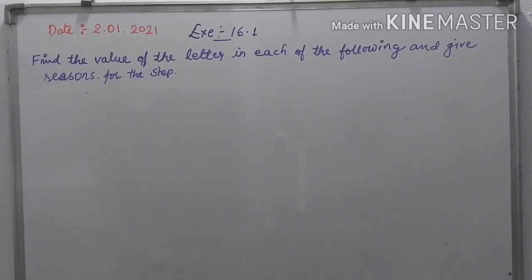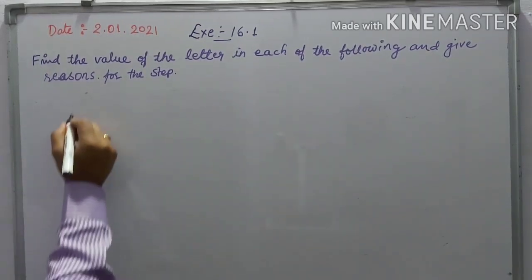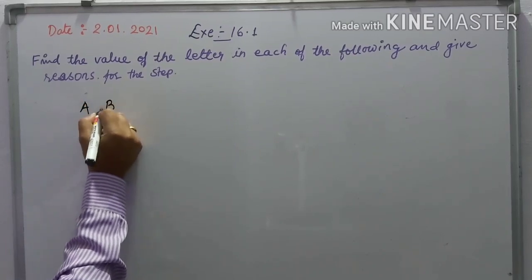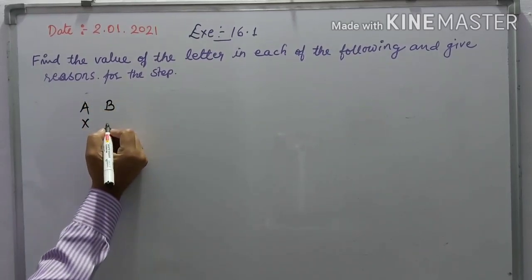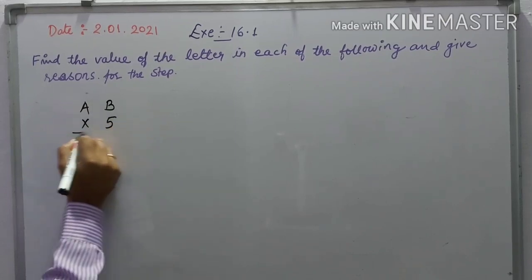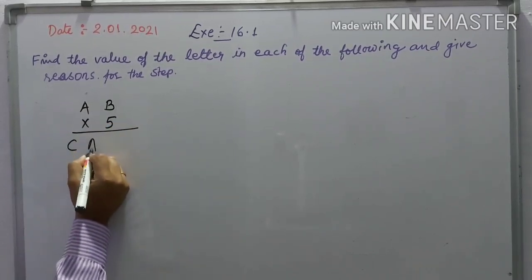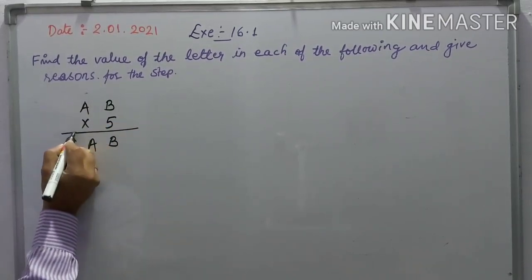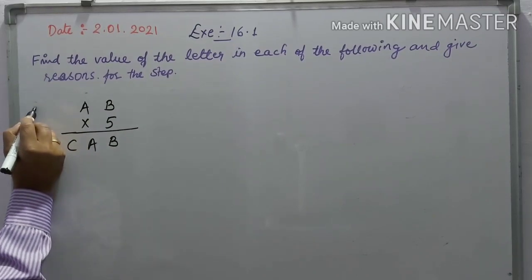Question number 6 is AB into 5 and your value comes CAB.